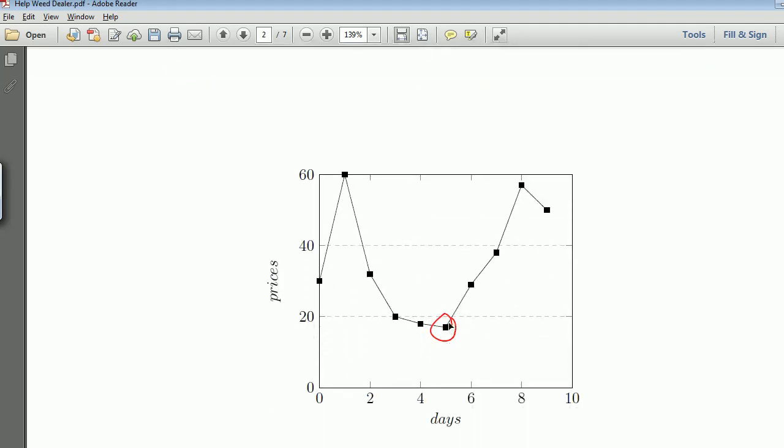So you would start here, and then you would work in this direction, and you will notice that the highest price is here, right?